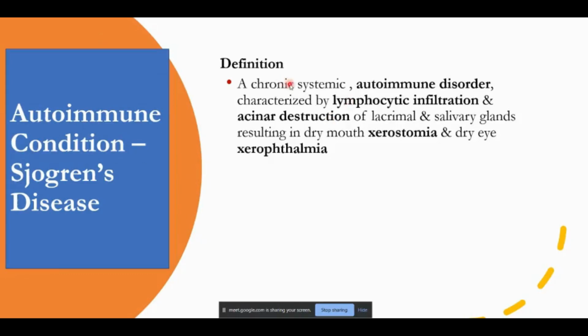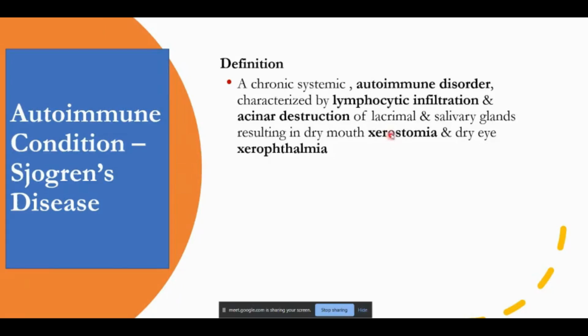Okay, so it is defined as a chronic systemic autoimmune disorder which is characterized by lymphocytic infiltration and acinar destruction of lacrimal and salivary glands. Lacrimal is the glands for your eyes, okay? Resulting in dry mouth, which is referred to as xerostomia, and dry eye, which is called xerophthalmia.